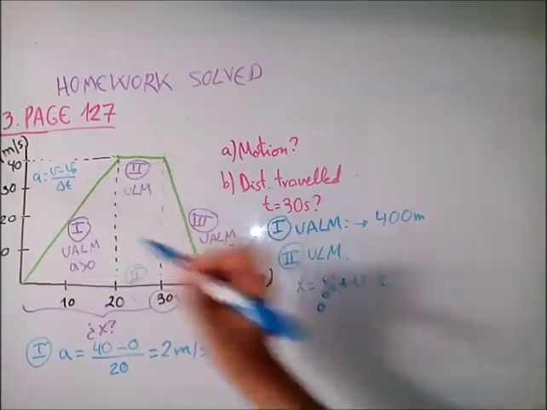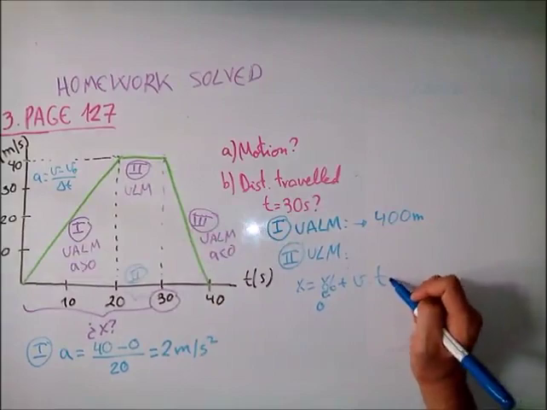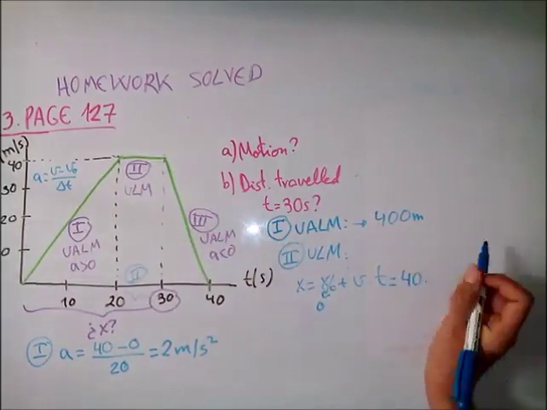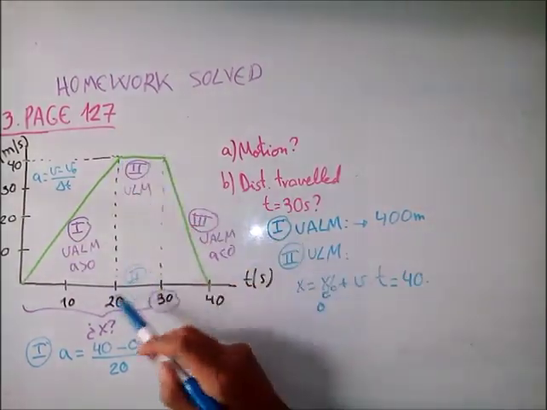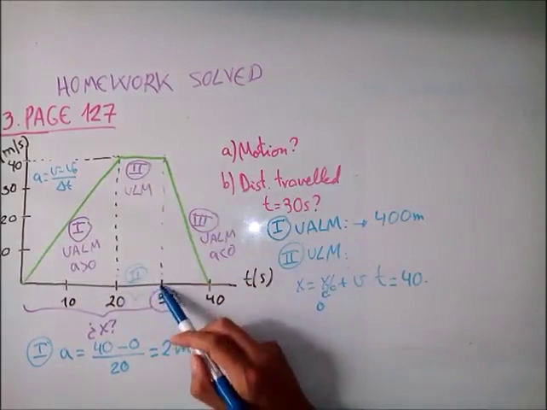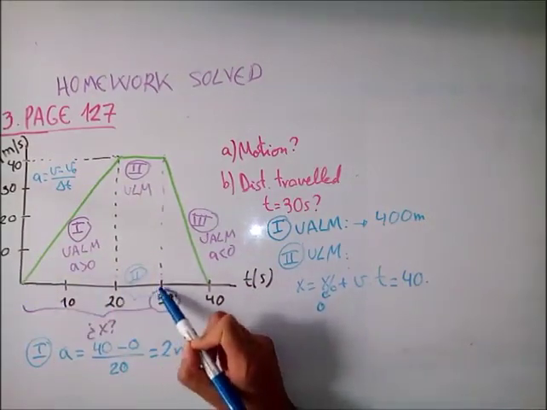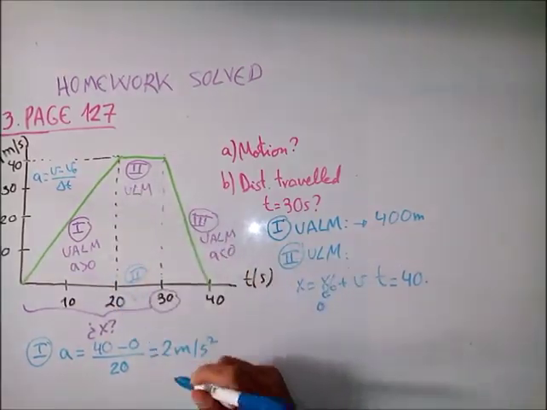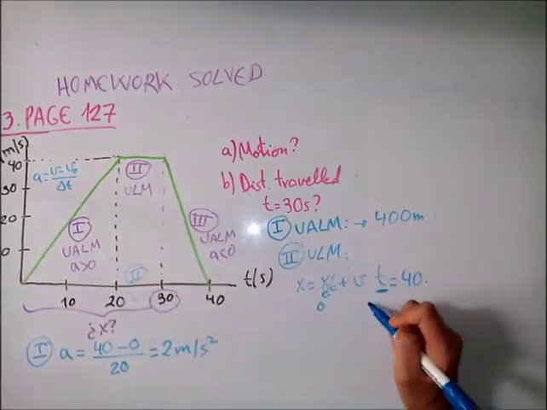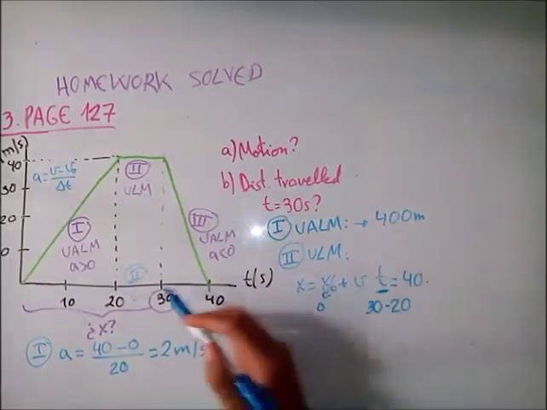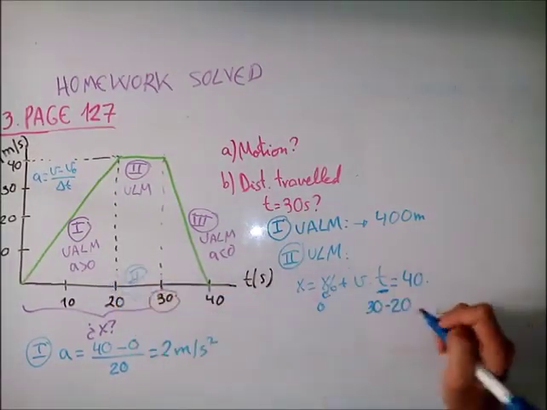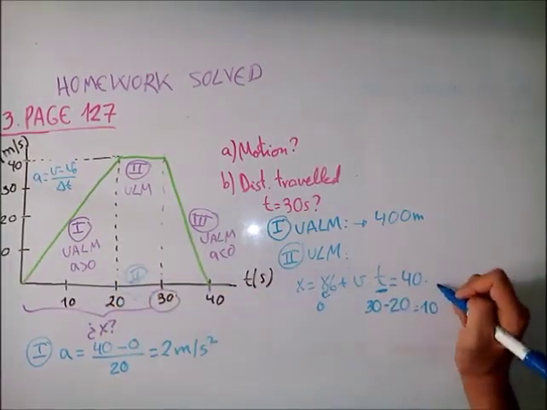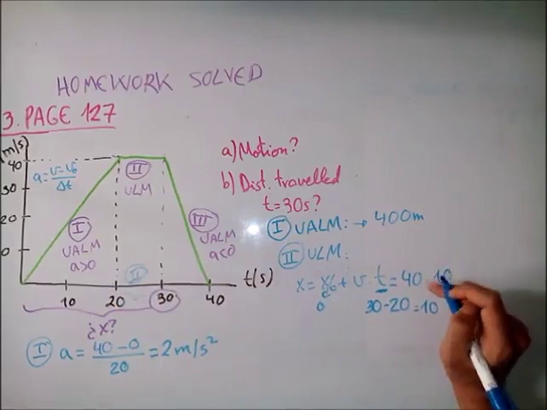It's constant, it's 40. So we say this is equal to 40 times time. So time is not 30. 30 is the time that it takes from the beginning to this. But we're only studying the uniform linear motion, okay? So this time is 30 minus 20 is this period of time. So this is 10 seconds. So 40 times 10, okay?